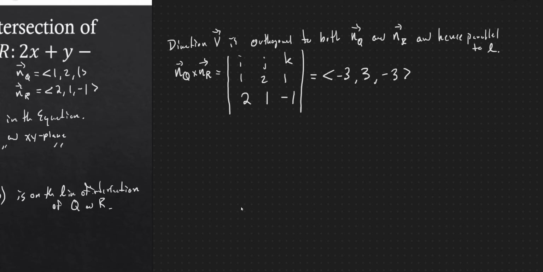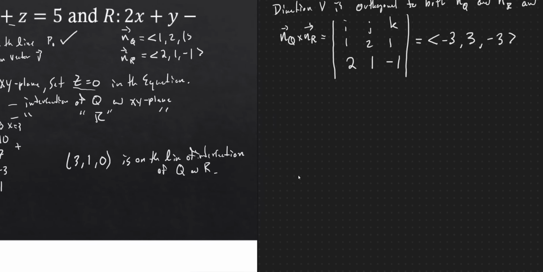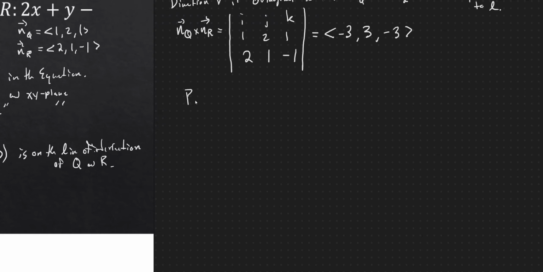So now we have a point on the plane that was 3, 1, 0. And direction, anything in the same direction as this vector will work. I'll just use the vector itself, negative 3, 3, negative 3. And then remember back to what the equation of a line looks like.